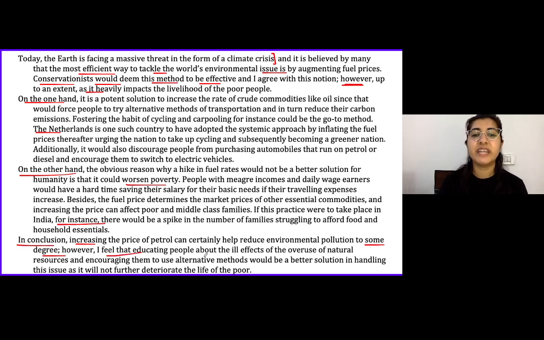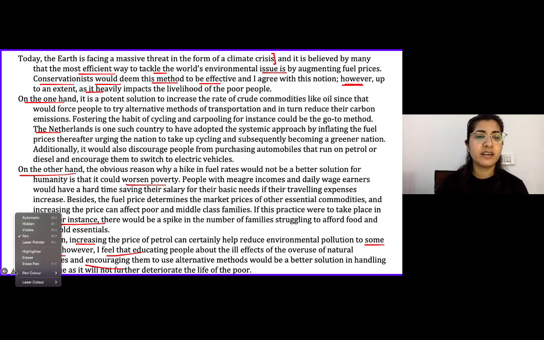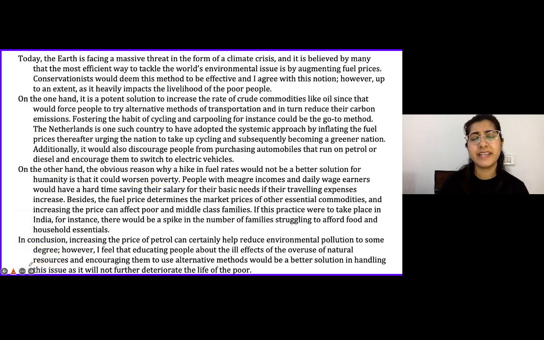However, I feel that educating people about the ill effects of the overuse of natural resources and encouraging them would be a better solution in handling this issue, as it will not further deteriorate the life of the poor. Do screenshot this sample. It's a beautiful band 9 essay. Go ahead, read through it. Make sure you look at the vocabulary and the functional language, the examples, the paragraphing. Just go ahead, read it once or twice. You will get a much better understanding.